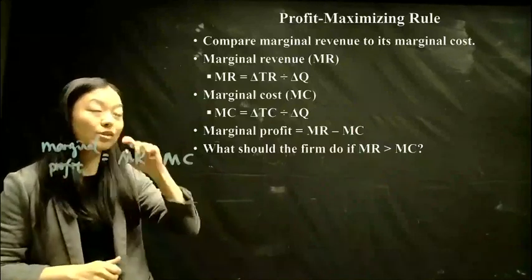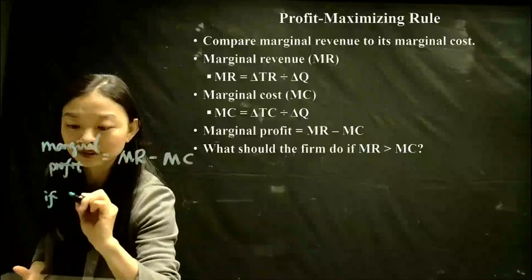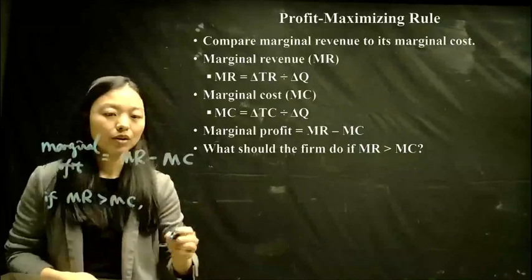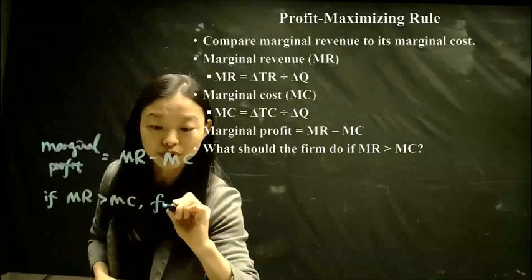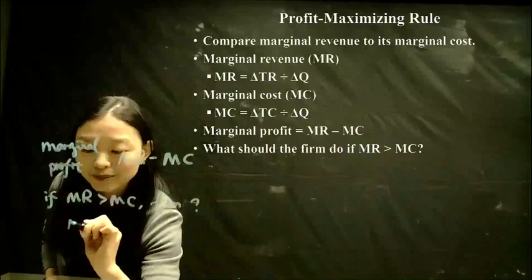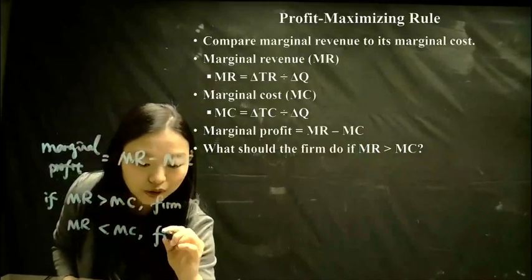Then what should the firm do? We might ask this type of question. If marginal revenue is larger than marginal cost, what should a firm do? If marginal revenue is smaller than marginal cost, then what would a firm do?